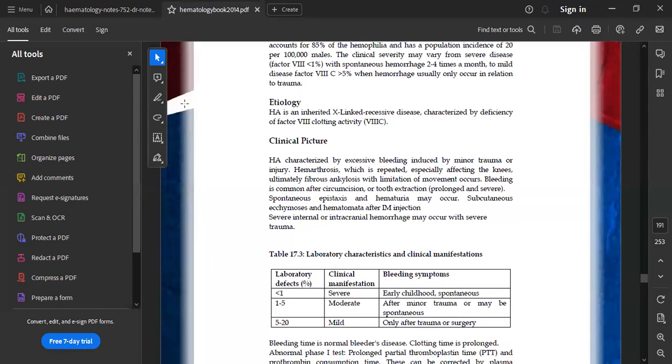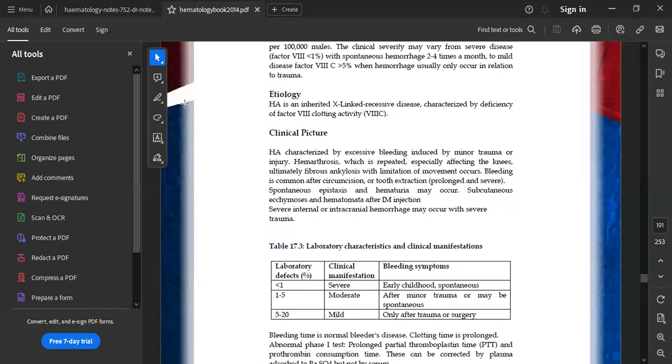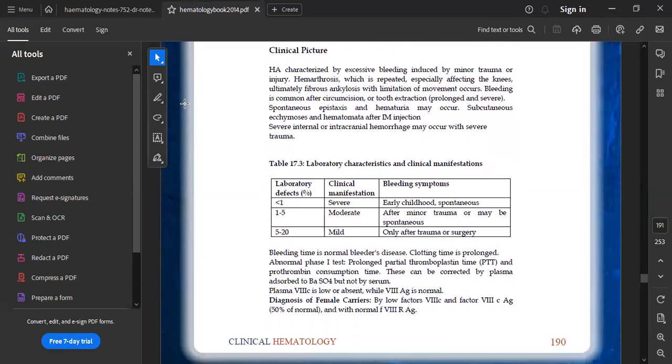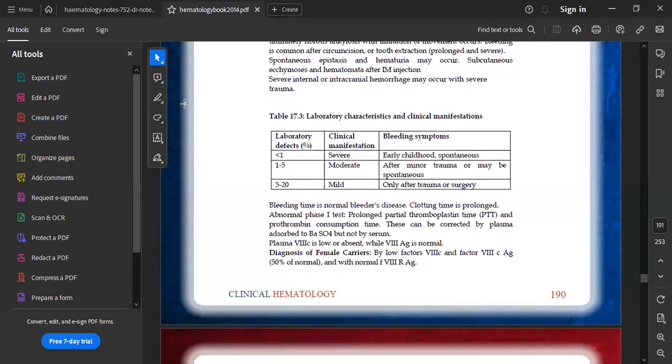The clinical picture will just be related to the level of bleeding. Clotting time is prolonged.